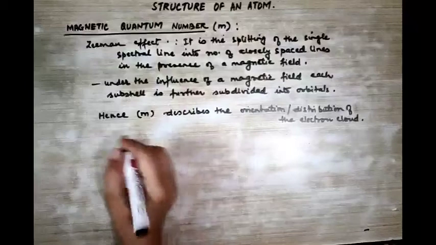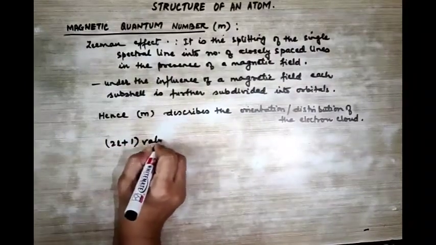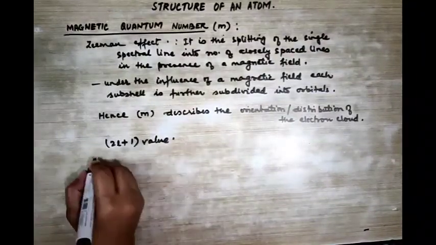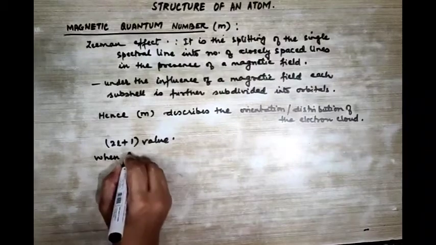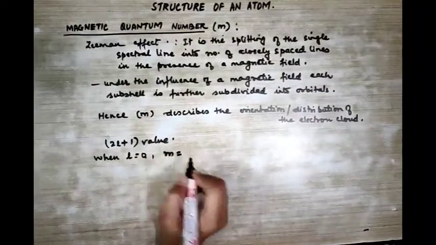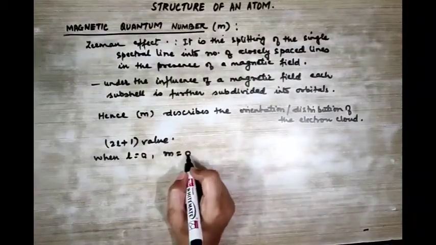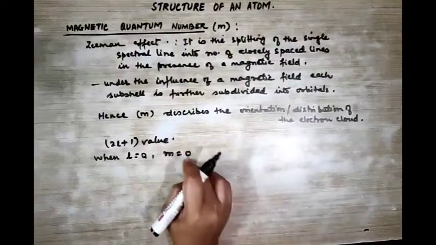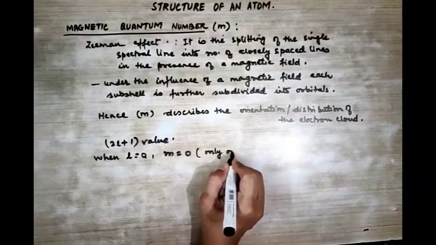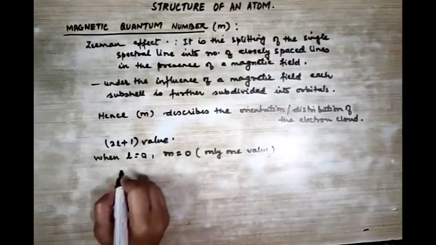That is, the total becomes 2l plus 1 values. Thus, when l, the azimuthal quantum number, is 0, then the magnetic quantum number is also 0. That is one value. 0 here doesn't mean nothing; 0 here has a value. So there is only one value, which is 0, right?